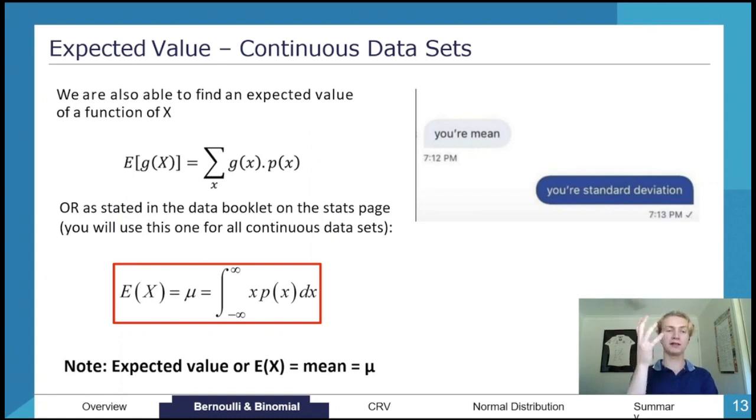Another property is that the integral between the maximum and minimum bounds of the probability density function is going to be 1. So if we're given a function, we can calculate the probability by integrating between the 2 points that are given.